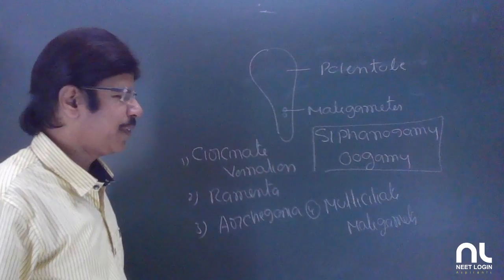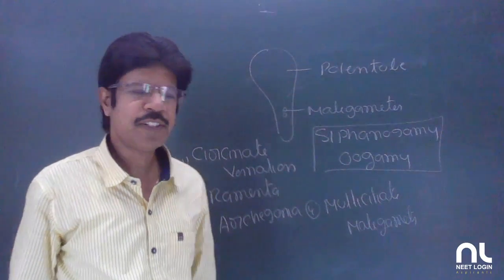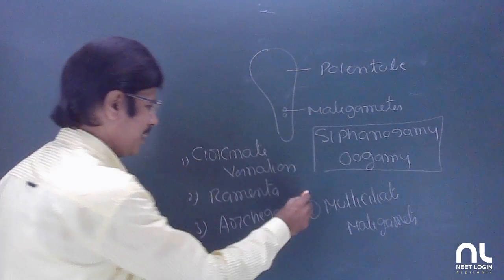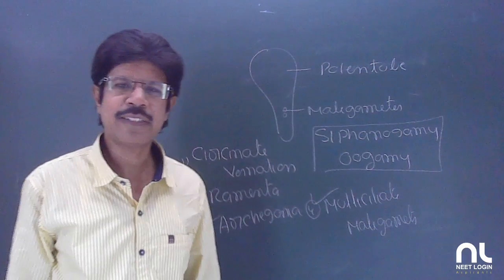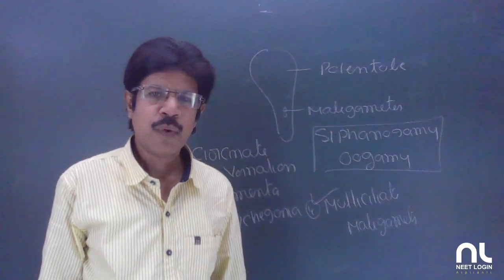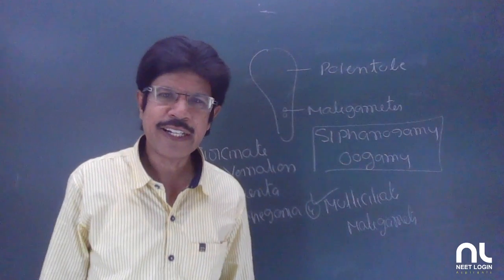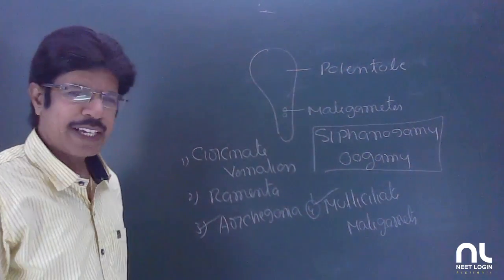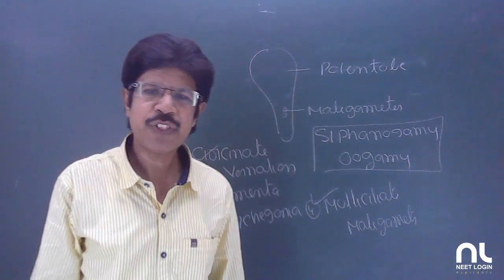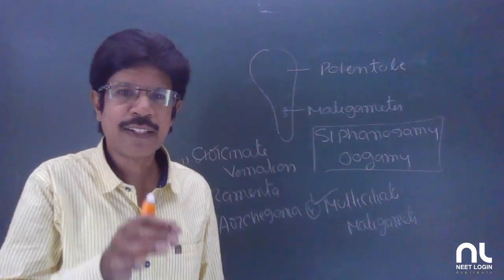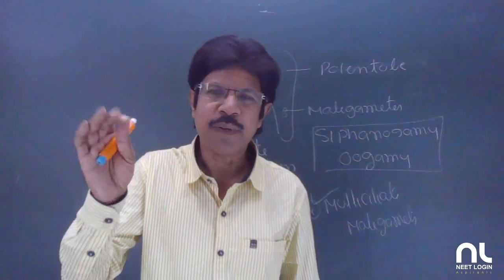So what are the gametophytic characters retained in gymnosperm? Multiciliate male gametes and archegonia are the fern characters, gametophytic characters. What are the sporophytic fern characters retained in Cycas? Circinate vernation and ramenta, which are fern characters. That's why Cycas is considered a relic of the past.